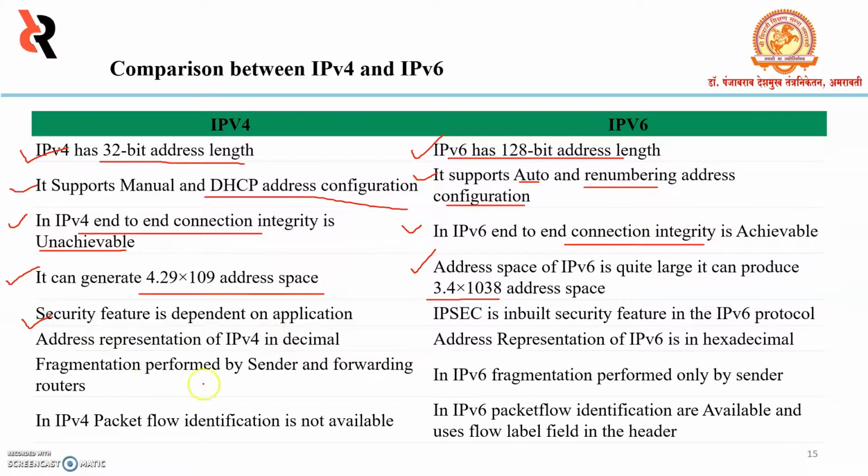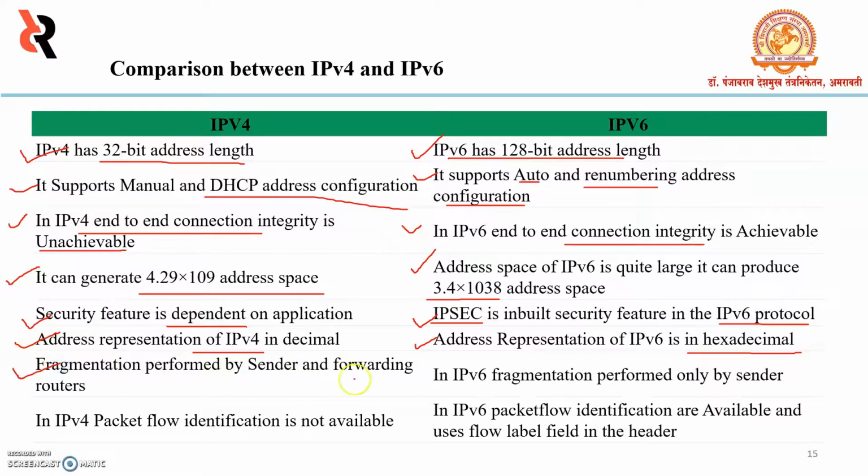Security features: here IPsec is an inbuilt security feature in IPv6, while IPv4 is dependent on the application. Address representation of IPv4 is in decimal, while IPv6 address representation is in hexadecimal.